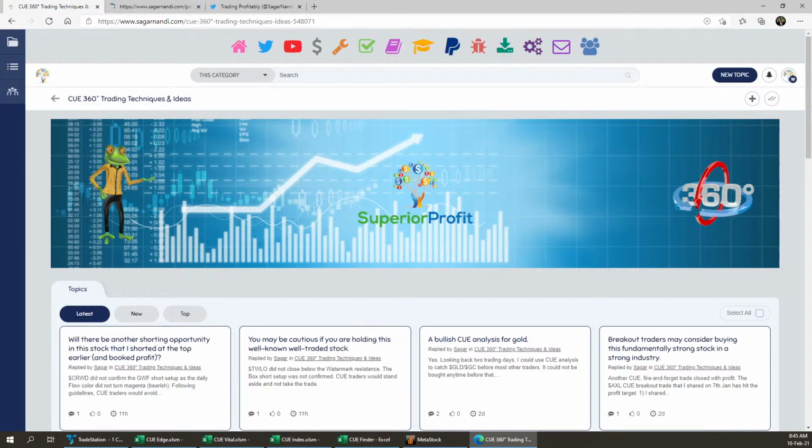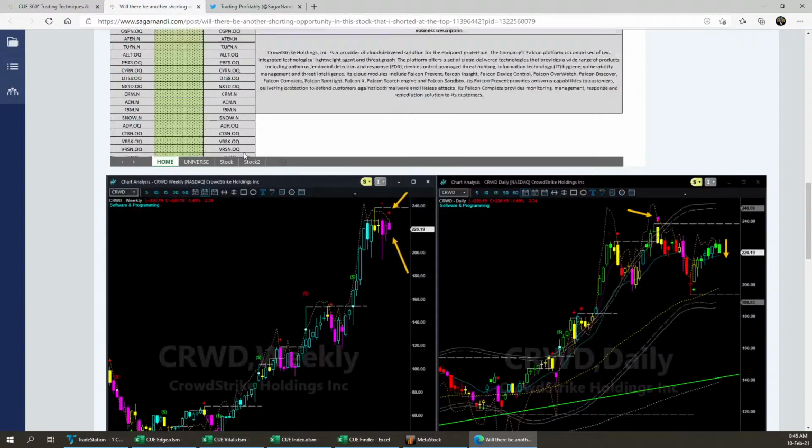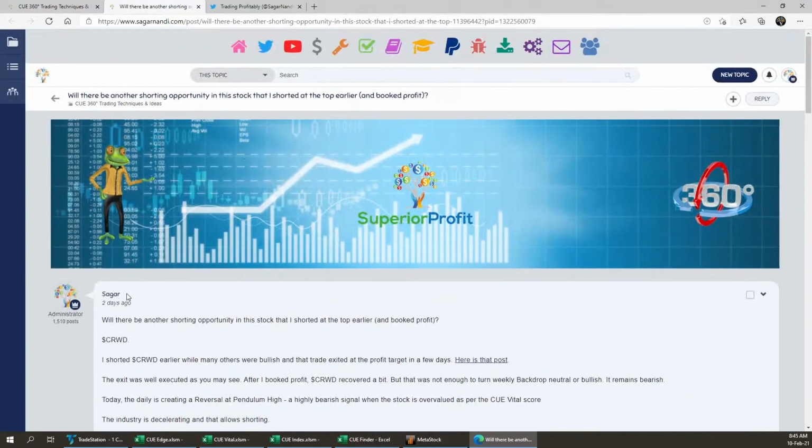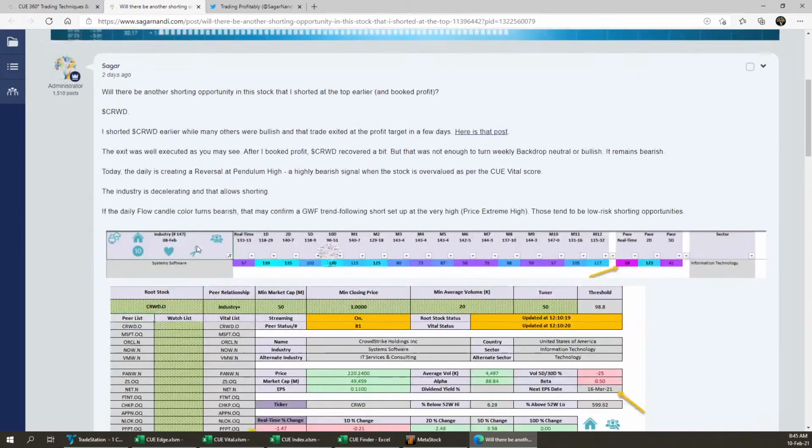This is CrowdStrike. And you may see how I am anticipating a trade, getting ready, and then using the fine-tune chart, market breadth, internals, and also Q edge to precisely take that trade, sometimes in anticipation. CrowdStrike also shared 2 days ago on 8th February.